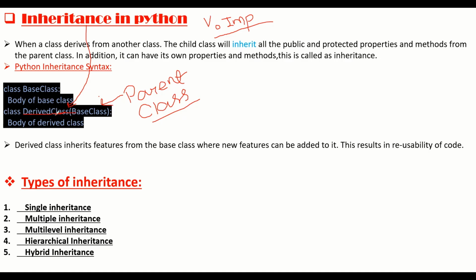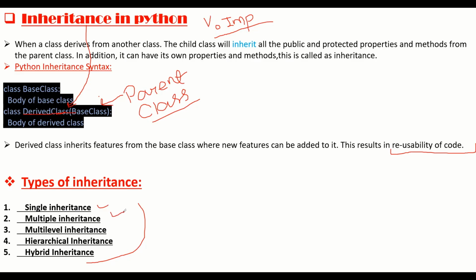So derived class inherits features from the base class, where new features can be added to it. This results in reusability of code. So we can reuse our code using this derived class. So here are types of inheritance.